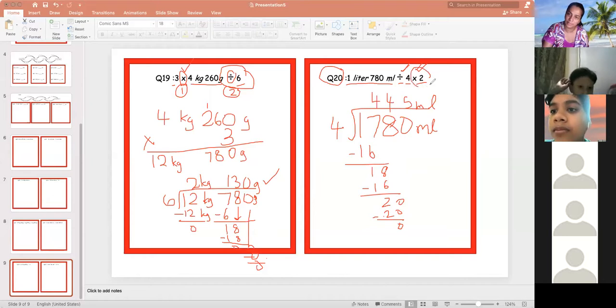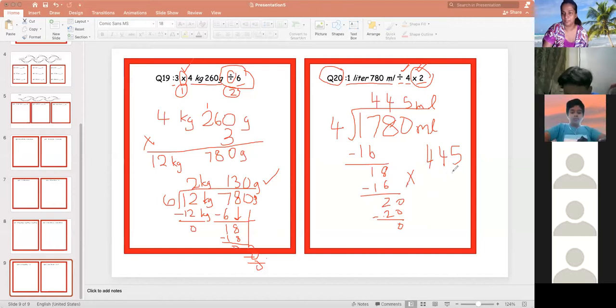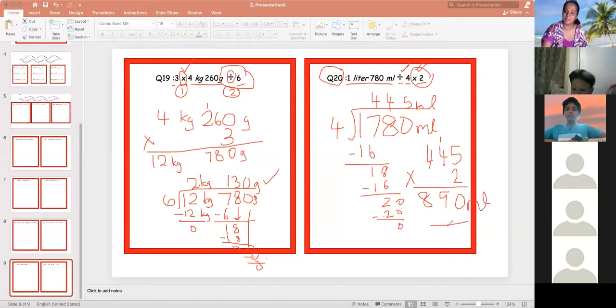But don't forget, you must times 2 now. So you take 445 milliliters. Very good. Some of your answers came in already, times 2. So 10, 8, 9, and 8. So answer 890 milliliters. You see that? If the question is asking, can you answer me in liters?